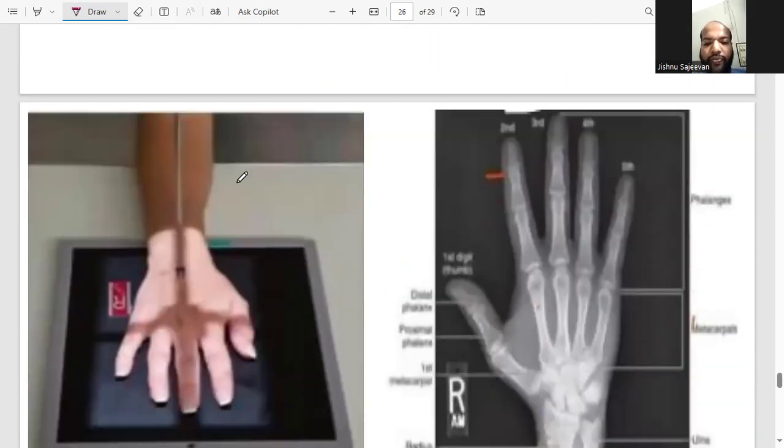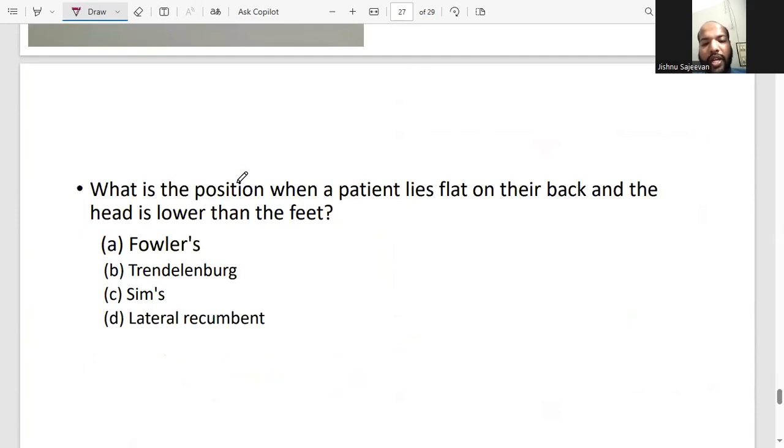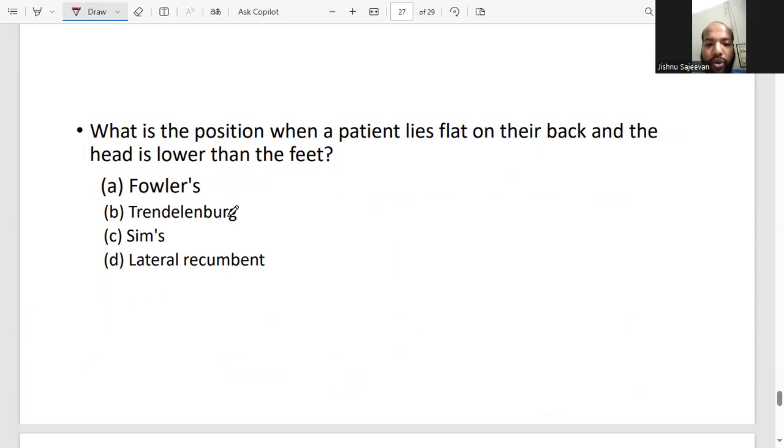Is that clear? So one more basic question we are going to discuss that is related to this basic projection. What is the position when a patient lies flat on their back and the head is lower than the feet? Okay, we can discuss the options. This is not lateral recumbent, because lateral recumbent means we will be rotating a patient towards the side.